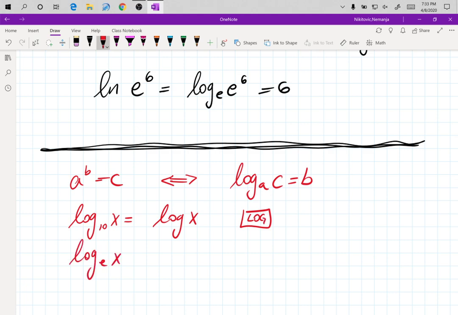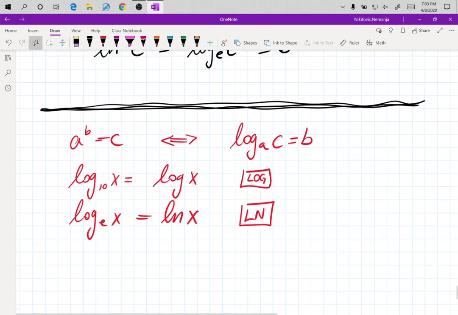Log base e of x is written as ln x, and that's ln. And we said that these are not special cases, these are not different logs. This is all the same as all other logs, except these two particular bases are the ones that nature likes. So all of our applications are in terms of these bases. And I gave you examples, go back in a video, right? Those are the ones that are used.